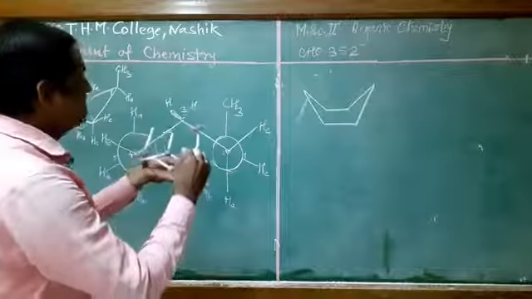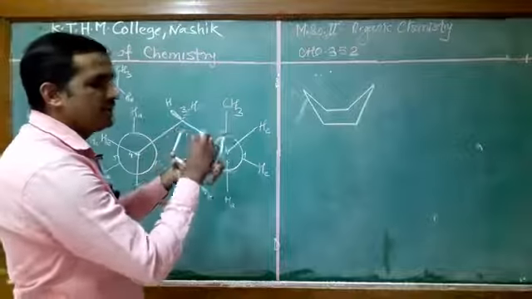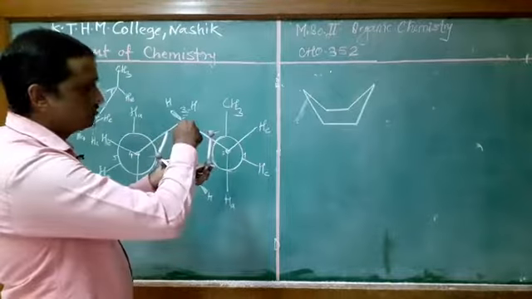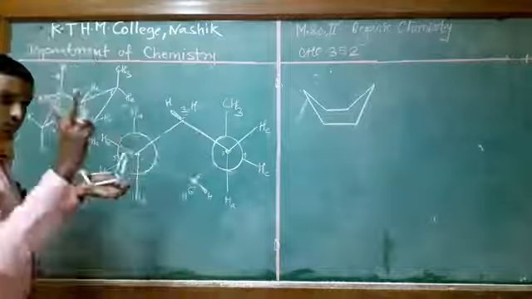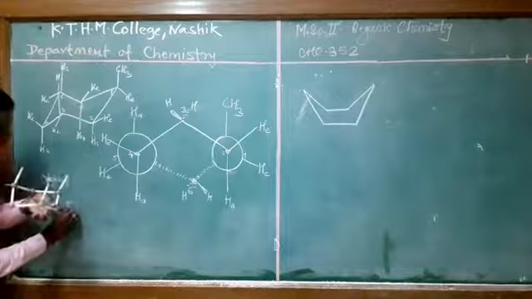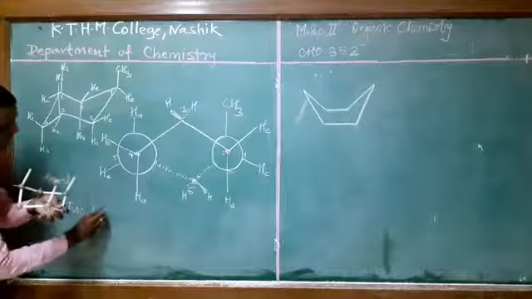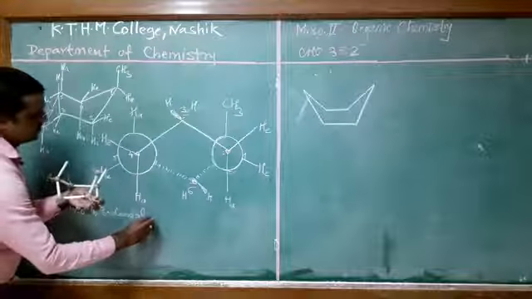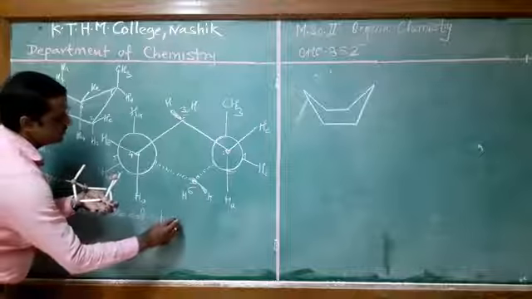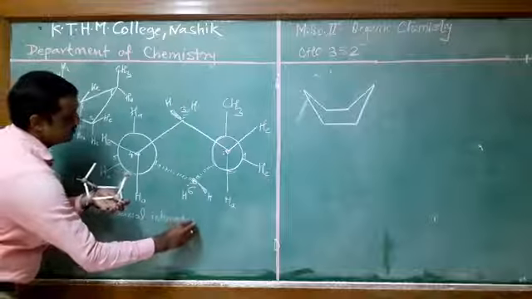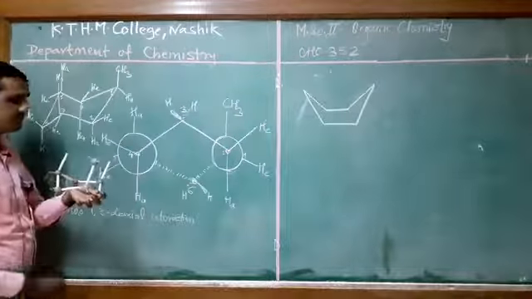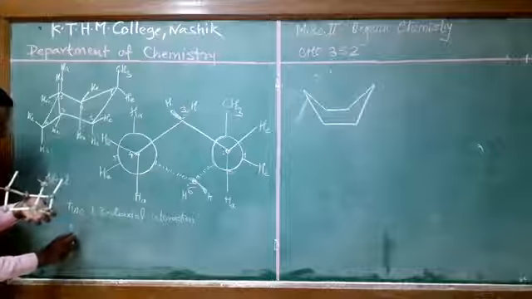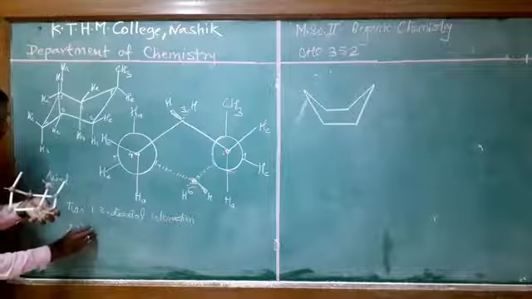So we can say there are two types of interactions, one with respect to this 3, one with respect to this 5. So 1,3 diaxial interactions, two of them, are observed for this monosubstituted, particularly axial monosubstituted cyclohexane, and each 1,3 diaxial interaction has an energy of about 0.9.